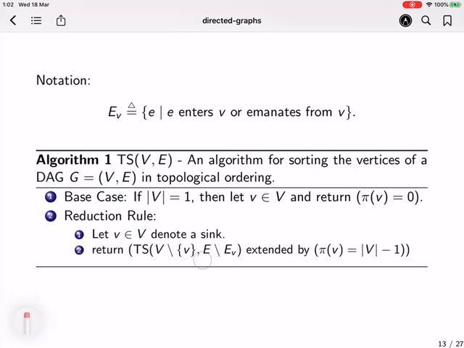Now we have a new DAG with one vertex less, and we apply the algorithm recursively to this smaller DAG. So this invocation of TS on the smaller graph gives us a topological ordering of all the vertices except for lowercase v. So now what we do is we extend pi by setting pi of v to be the number of vertices minus 1. Okay, let's give an example of an execution of this algorithm.